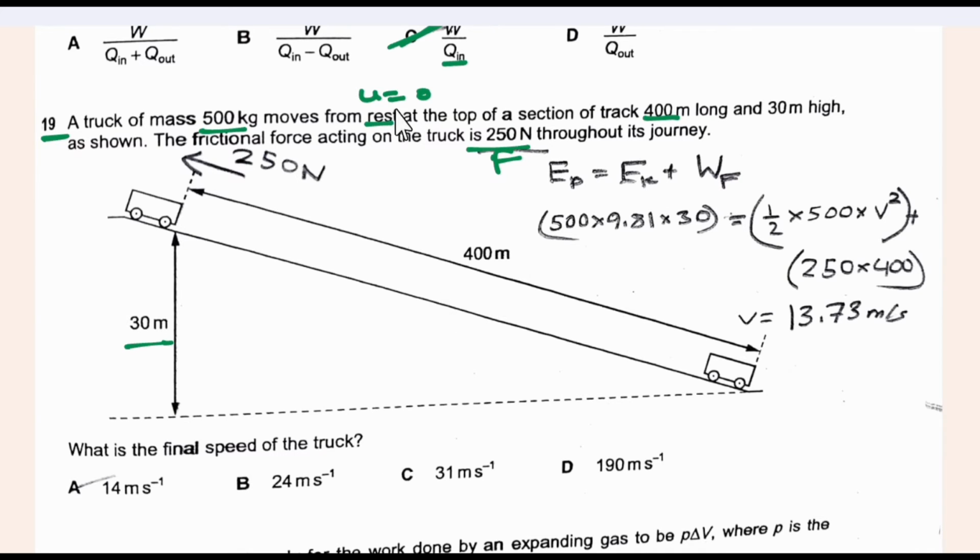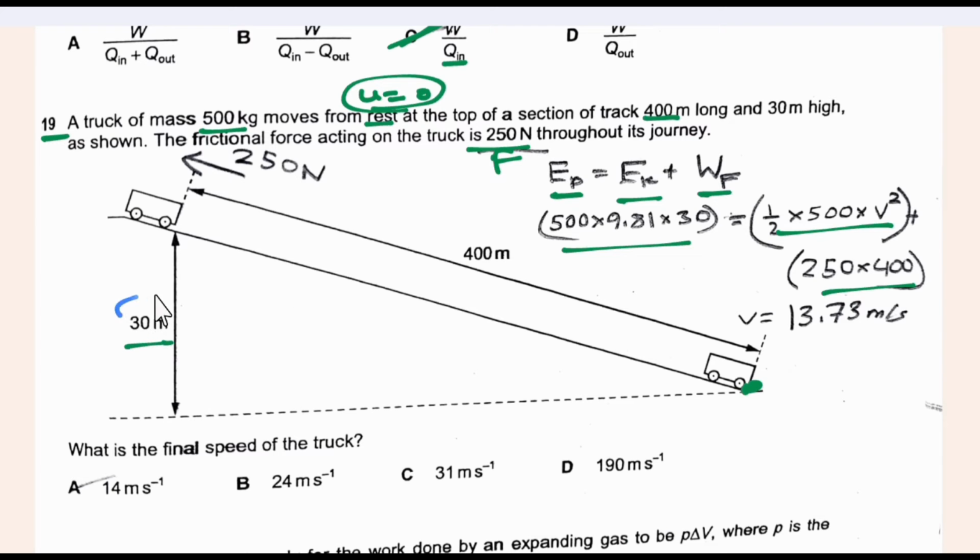Initially it has kinetic energy 0. Initially it has gravitational potential energy, and this is converted to kinetic energy and work done by friction as it comes to the bottom of the slope. At ground level the vertical height is 0. So gravitational potential energy equals final kinetic energy plus work done by friction.